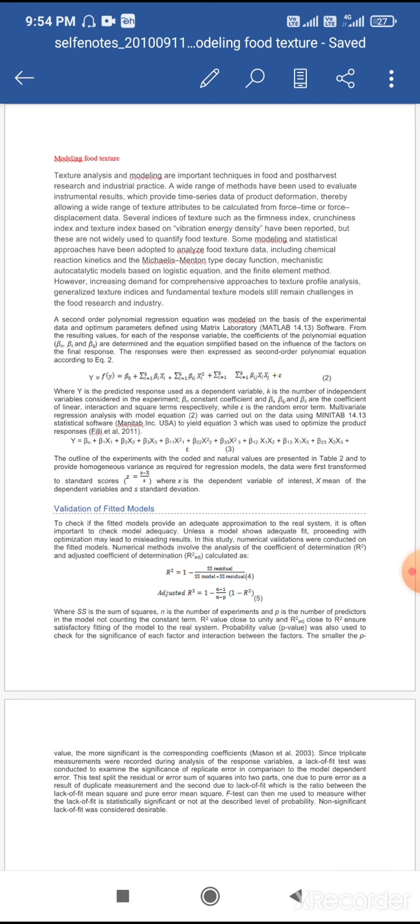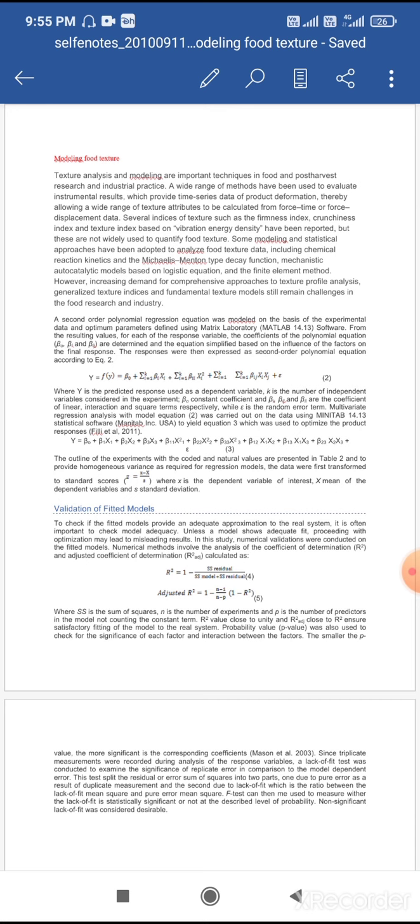A wide range of methods have been used to evaluate instrumental results, which provide time series data of the product deformation, thereby allowing a wide range of texture attributes to be calculated from force-time or force-displacement data.